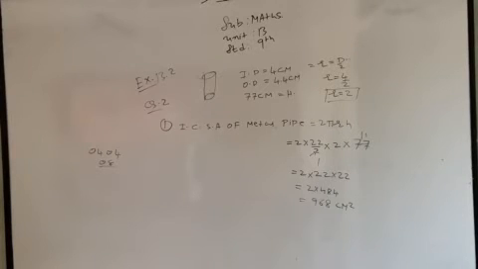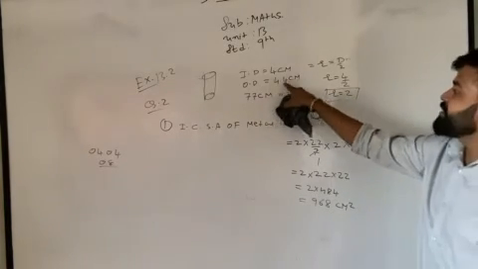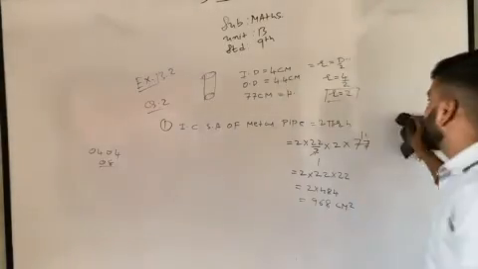What we need to find out? The outer curved surface area of the cylinder. Instead of R, that is 2 centimeter, we will use the value of R from the outer diameter. The outer diameter is 4.4, so its radius will be 2.2.